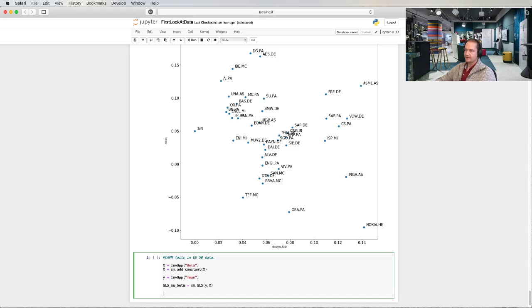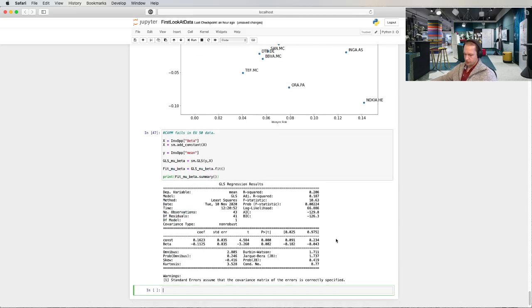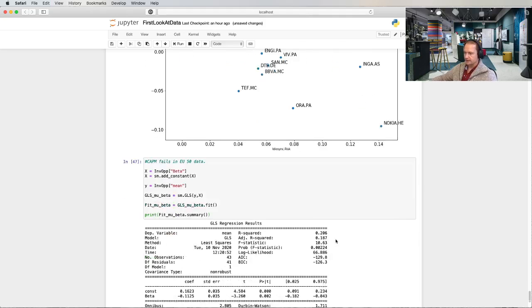That should run and then give me the fit mu beta. And that is just the GLS mu beta dot fit function. And as it's just what we've already done, let's just print the results of the regression table. Mu beta dot summary.